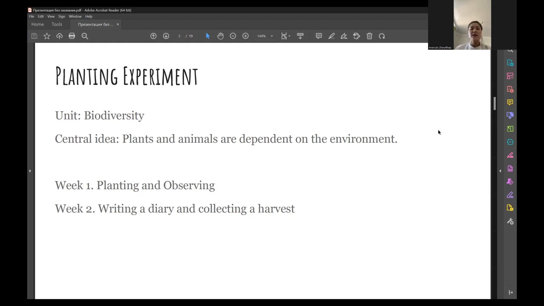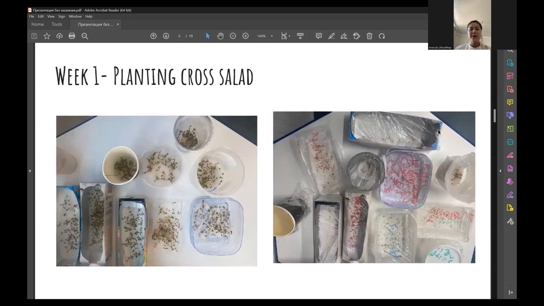Let's look at some pictures I've made from the experiment. So in the first week, I asked my students to collect some Tetra Paks or plastic.